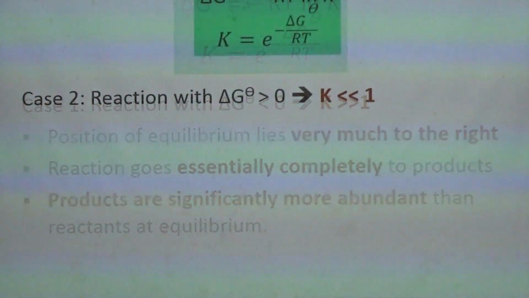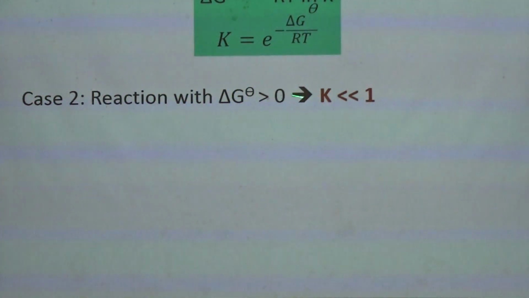Okay? Consider case 2. What if your delta G0 is positive, more than 0? If you look at this, if delta G0 is positive, this is negative, this is positive, this is positive, delta ln K must be negative. When ln K is negative, K must be lower than 1, right or not? When K is less than 1, ln K will be negative.